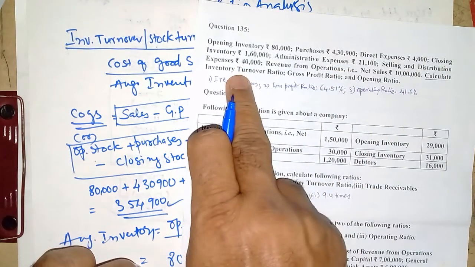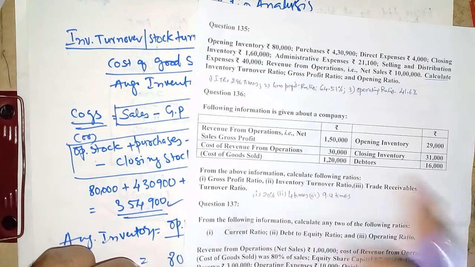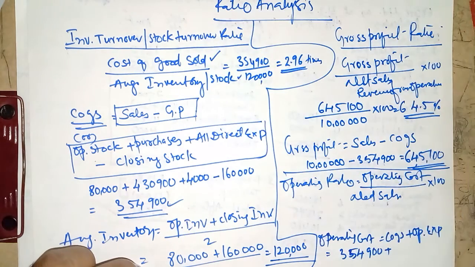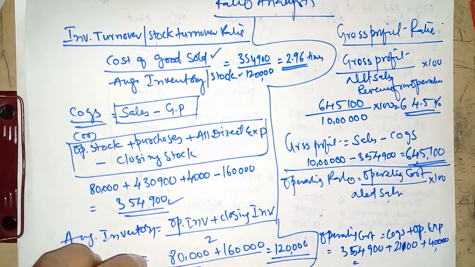These two expenses come under operating expenses. So we will take administrative expenses, that is 21,100, plus selling and distribution expenses, which is 40,000.